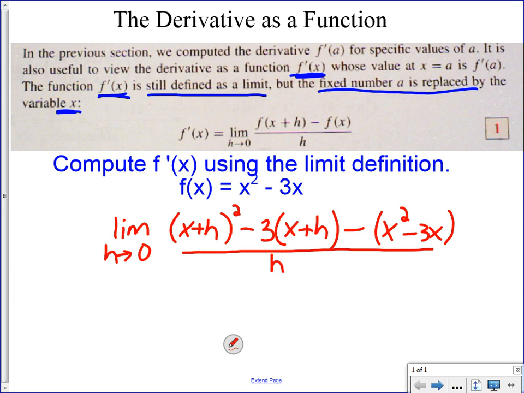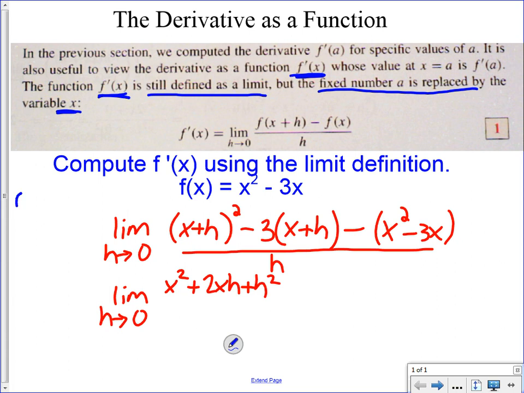Now we just have to do all this algebra. All right, so (x plus h) squared. Remember, we're going to FOIL that. So we get the limit as h approaches 0 of x squared plus 2xh plus h squared. That just came from FOILing the x plus h.